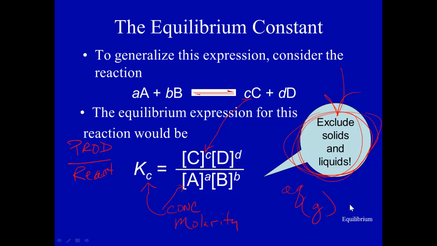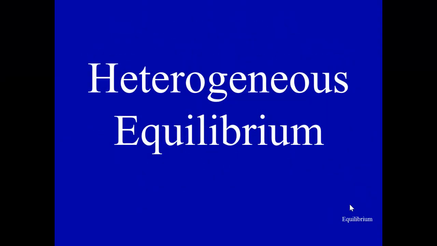So we have this concept of heterogeneous equilibrium. Heterogeneous means different. And we also have homogeneous equilibrium, which is going to be the same all the way throughout. I'll show you what I mean. It really comes down to the states that the products and the reactants are in.